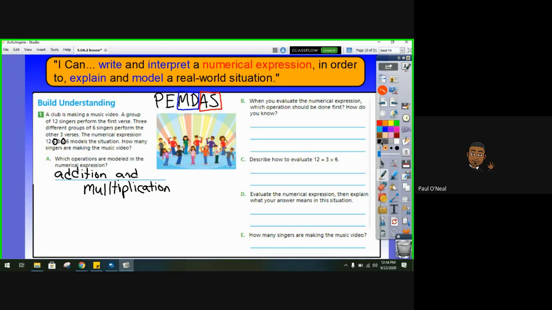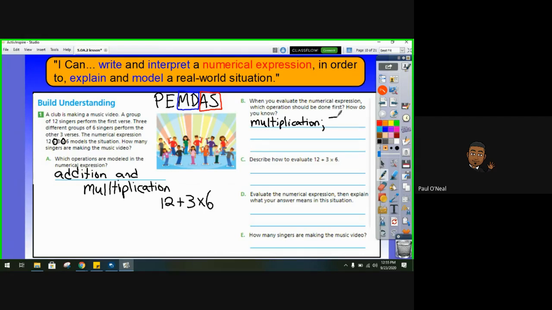So to answer this question, when you evaluate the numerical expression, which is what we saw before, 12 plus 3 times 6, I'm going to write that here. 12 plus 3 times 6. That's what they gave us. Which operation should you do first? And how do you know? Well, according to PEMDAS, and as we learn it, multiplication will have to be done first before addition. Okay? And how do you know?